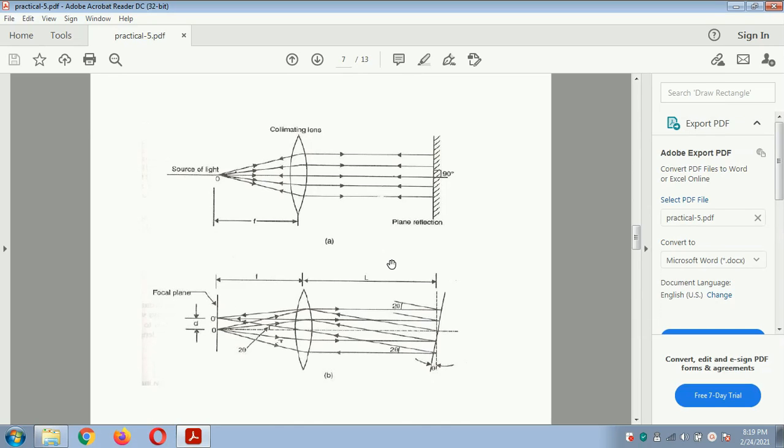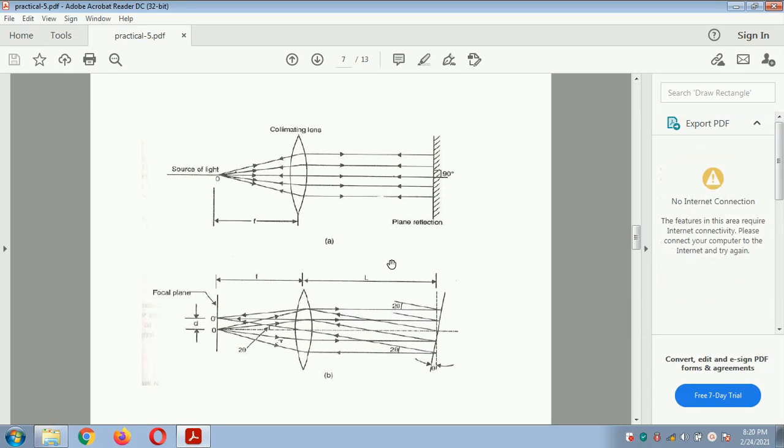This principle can be seen in the previous slide, and this is the demonstration of that principle: if the plane is tilted by angle θ, then the reflected light is deviated by an angle of 2θ.